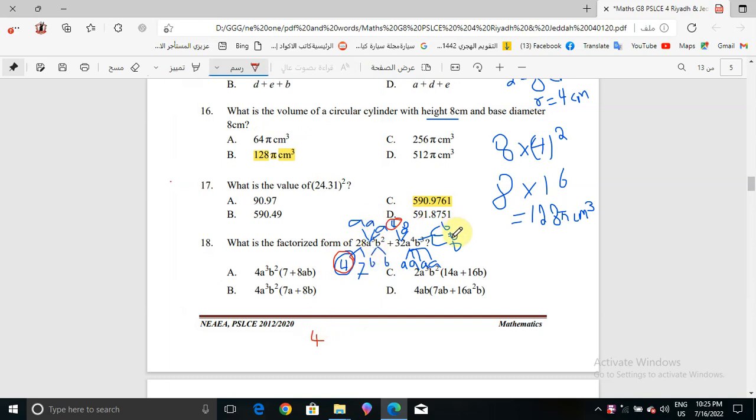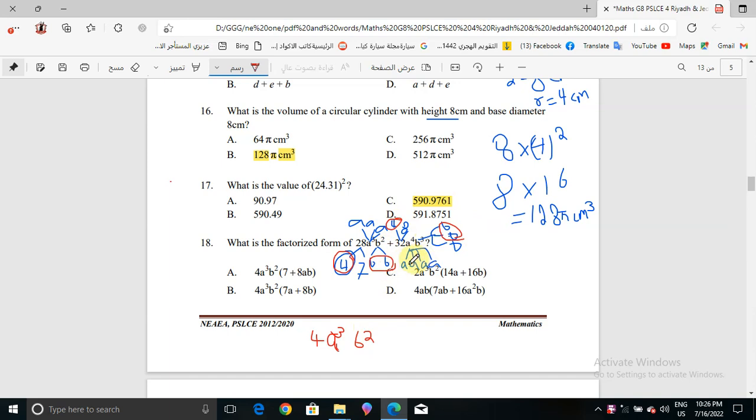Okay, then for a, we have a 3 times here, and here a 4 times, so in both of them we have a cubed, a times itself 3 times. Then for b, we have b squared here, and b cubed here, so we take the common part, which is b squared.